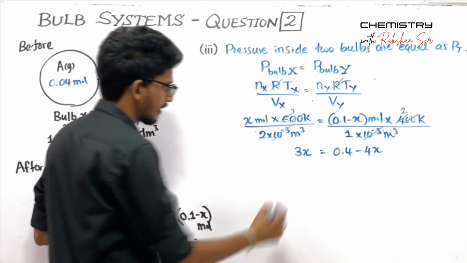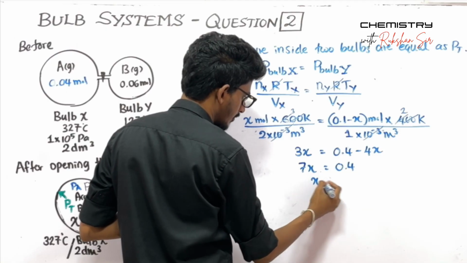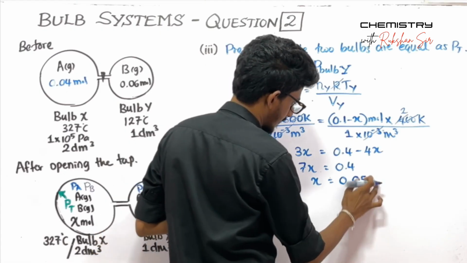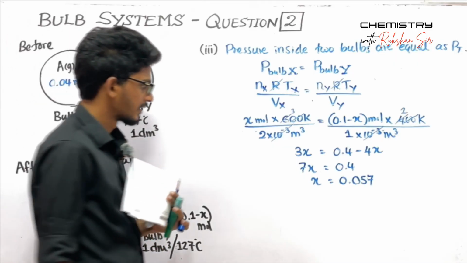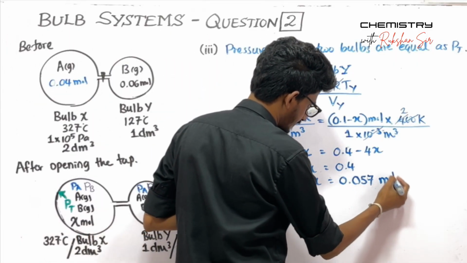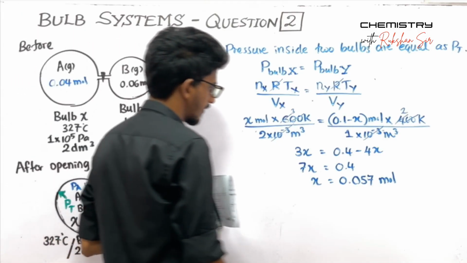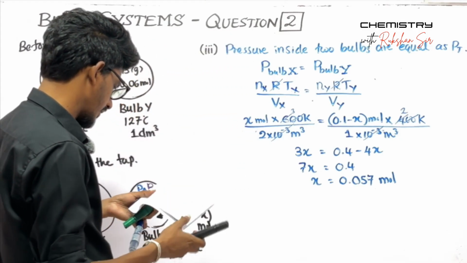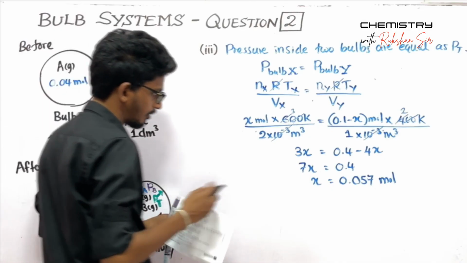So it becomes 7x equal to 0.4. Then the x value is 0.4 divided by 7, that is 0.057 moles. So this is the number of moles at bulb X, the amount of gas inside bulb X.